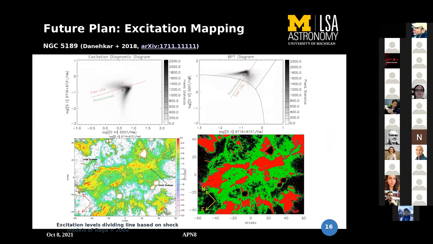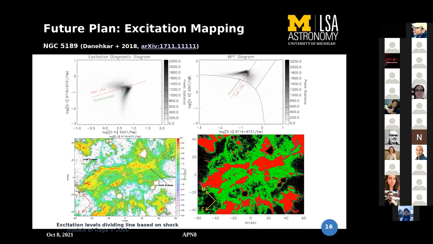About the future plans, we can use IFU for excitation mapping, as in the work I did using high resolution Hubble Space Telescope data, published in ApJ 2018. I used a technique typically used in galaxy evolution, the BPT diagram, to distinguish between low excitation and high excitation regions.